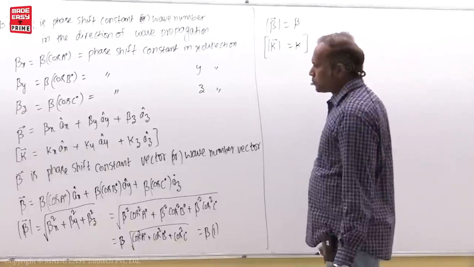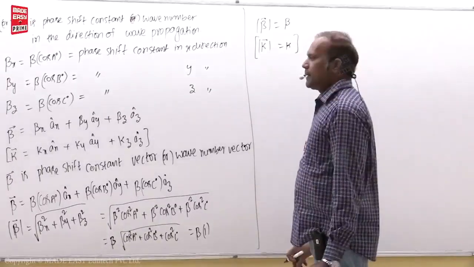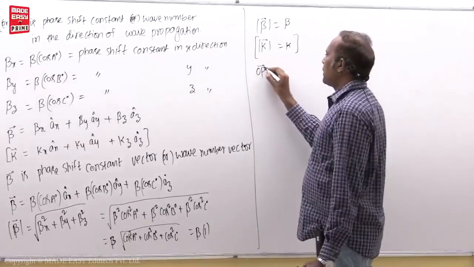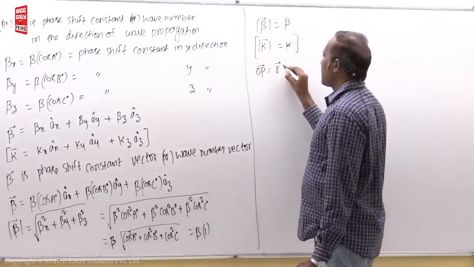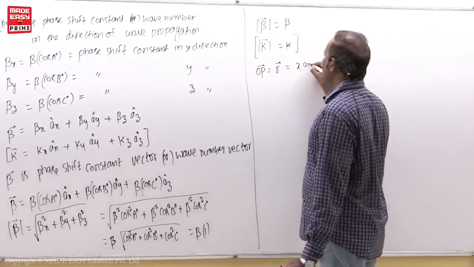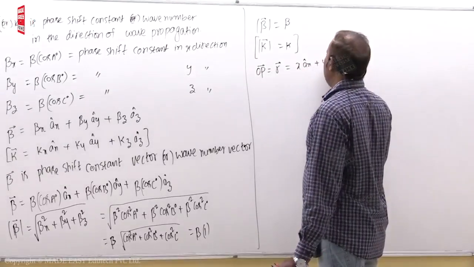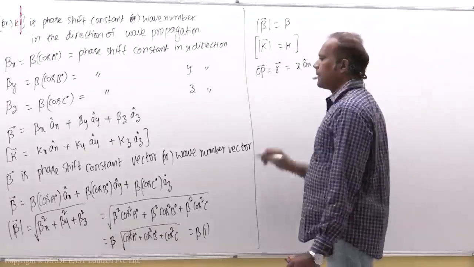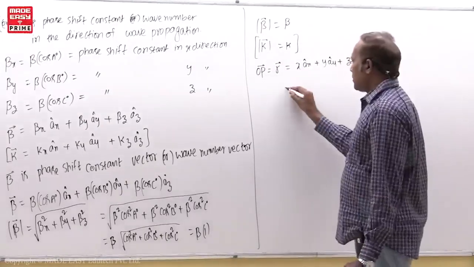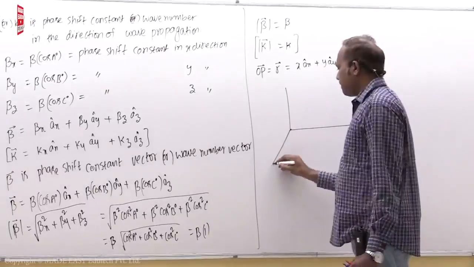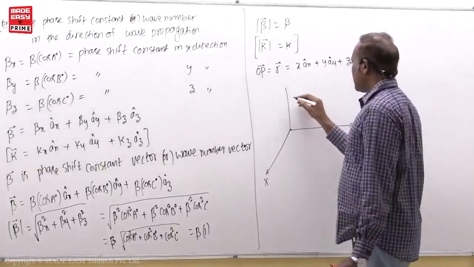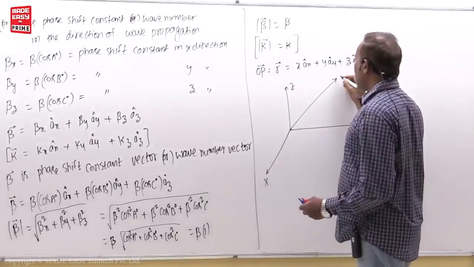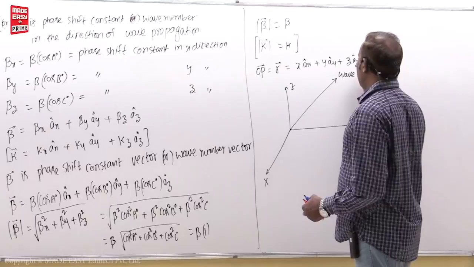After studying this much, already we have seen OP bar, that is also called R bar, the position vector x ax plus y ay plus z az. Here the situation is like this: x axis, y axis, z axis, and this was the wave propagation direction.